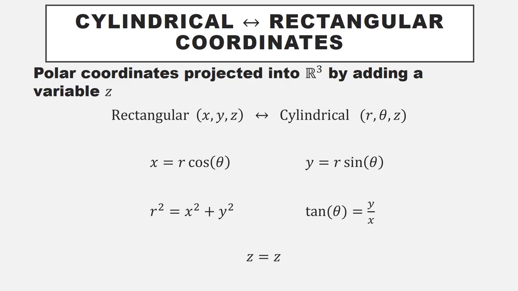So here we have rectangular in 3 dimensions, and we can convert into cylindrical in 3 dimensions. And again, this is just like polar in 2 dimensions versus rectangular in 2 dimensions.